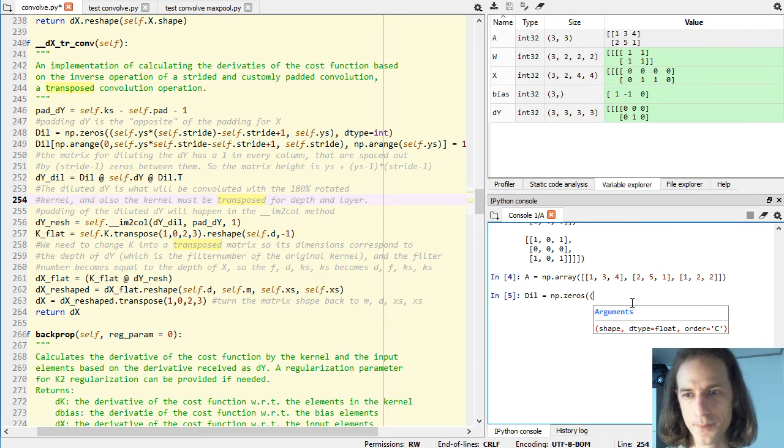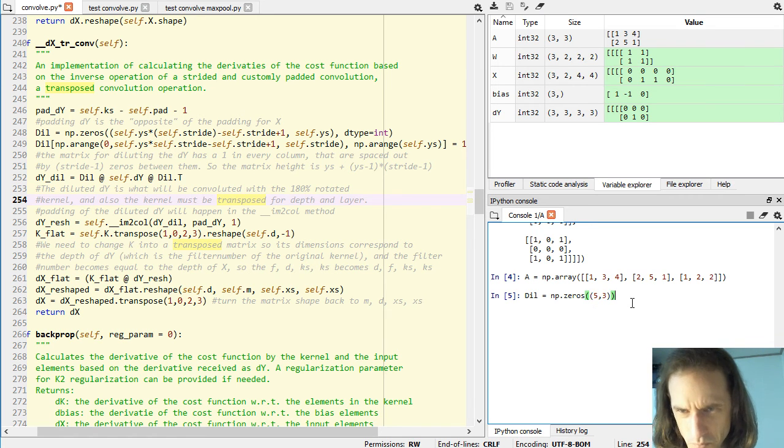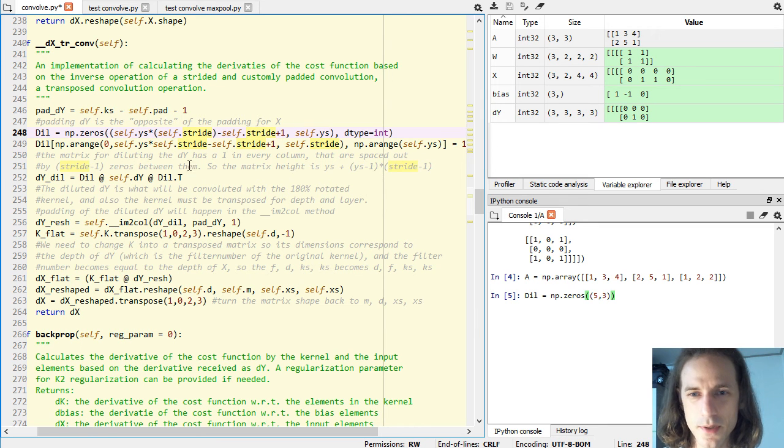The shape will be 5 by 3, because self.y_size is y size times stride minus stride plus 1. The other expression is y size plus y size minus 1 times stride minus 1.